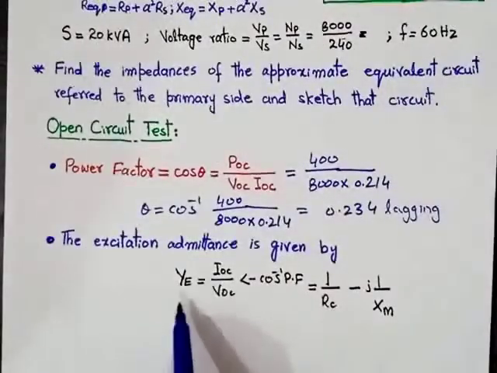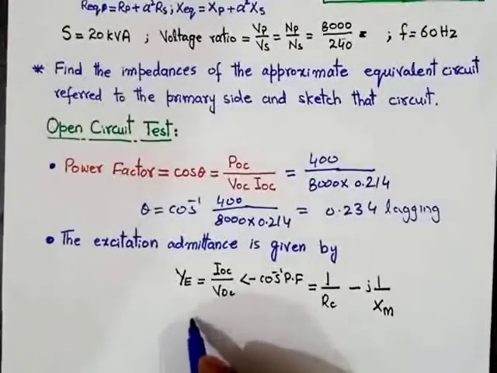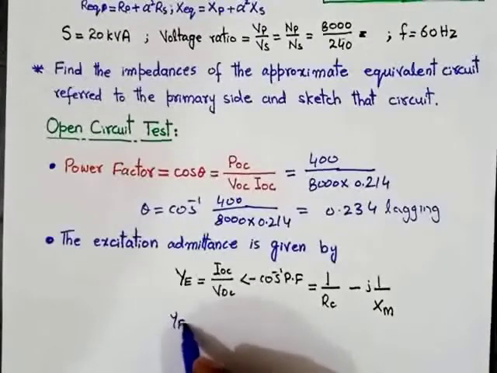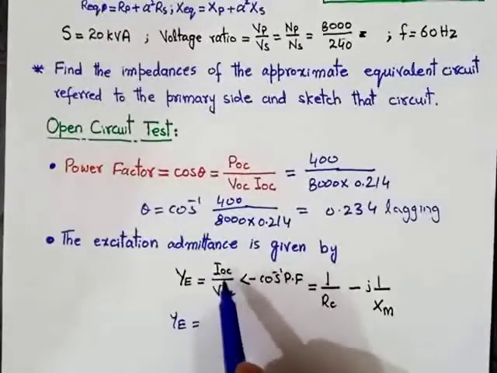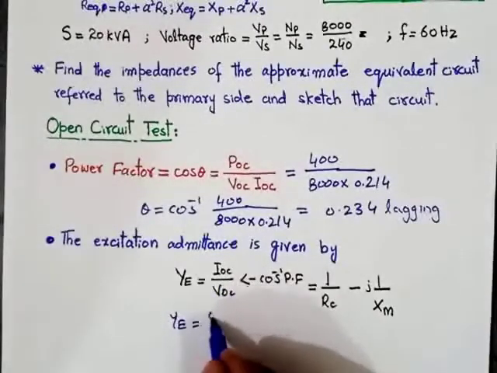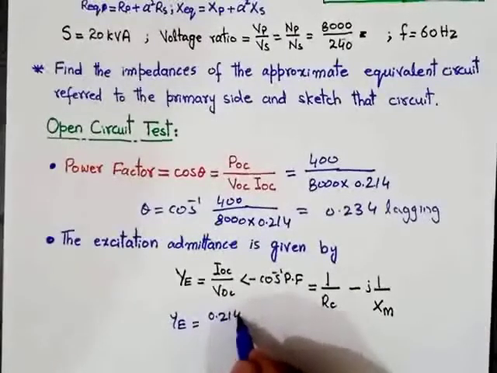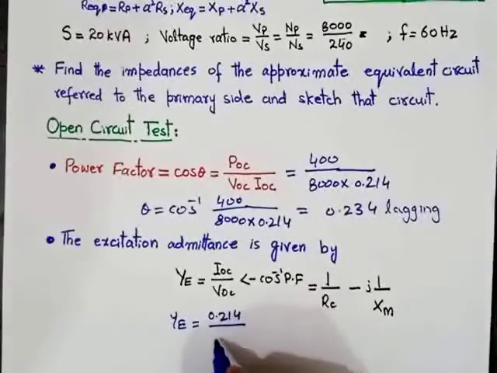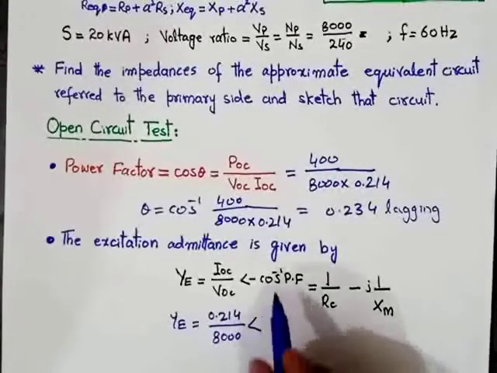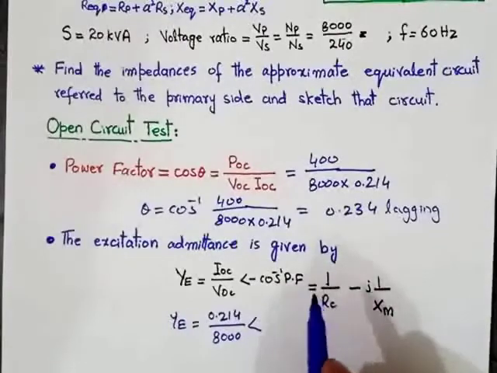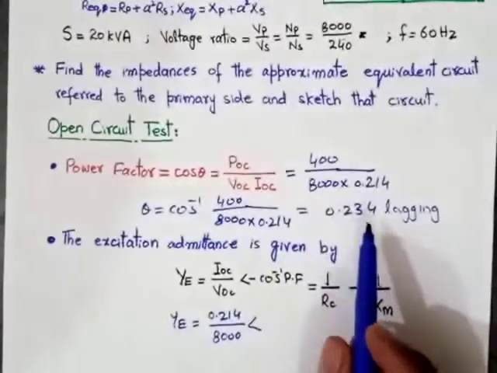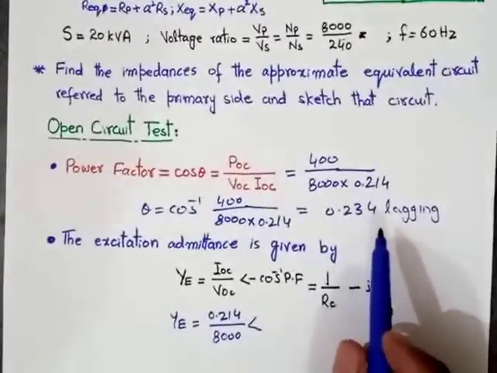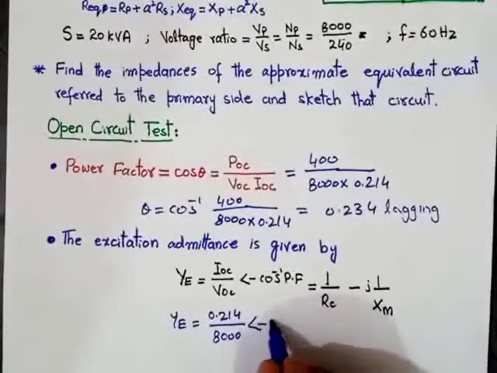So the value of admittance will be equal to, as the value of the open circuit current is given here, 0.214, and the value of the open circuit voltage is given, 8000 volt, at an angle of minus cos inverse of the power factor.